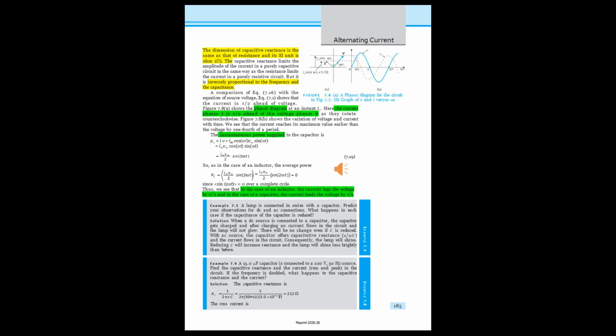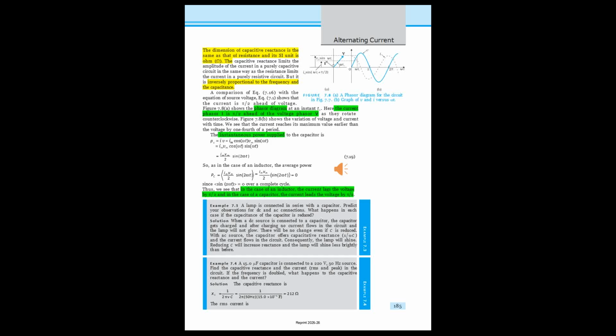The instantaneous power supplied to the capacitor is given by Pc equal to IV, and thus equal to Im cos omega t times Vm sin omega t, and that is given by Im Vm into cos omega t sin omega t, and that is given by (Im Vm by 2) into sin 2 omega t.